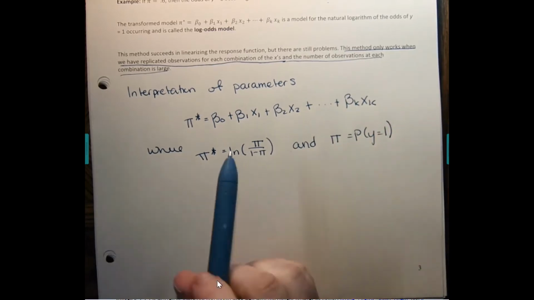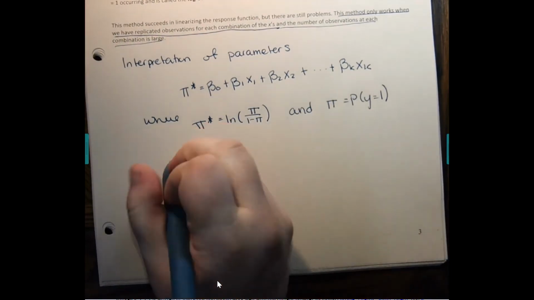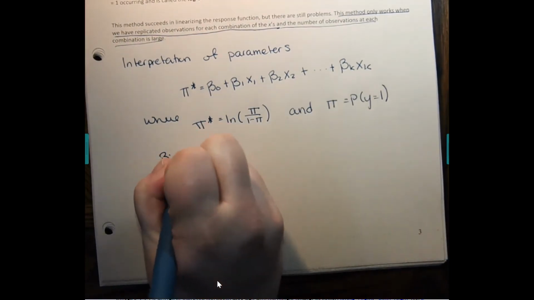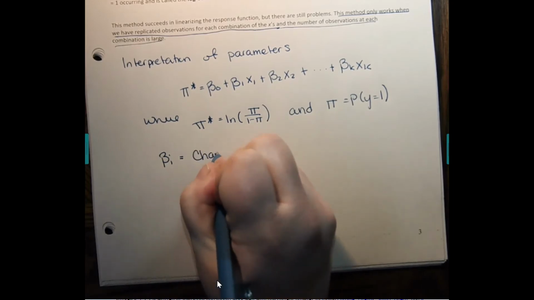Now we're going to write out what the interpretation of the different betas is. So beta i in this case is going to be equal to, I'm just going to write this down, then we'll talk about it.